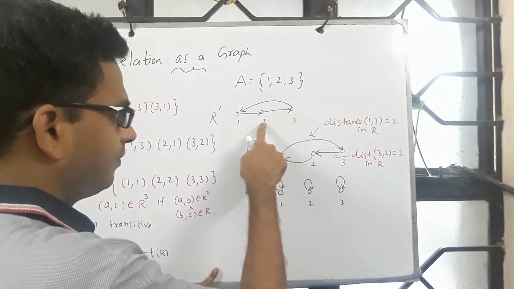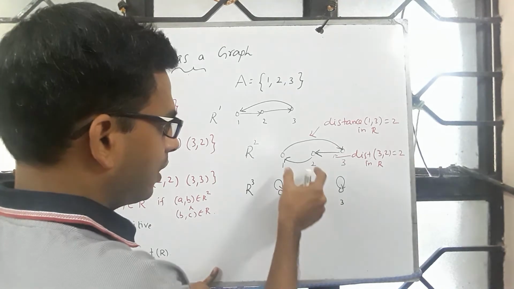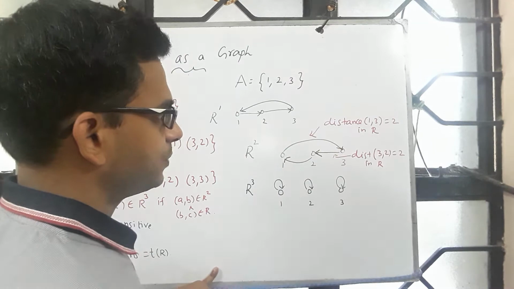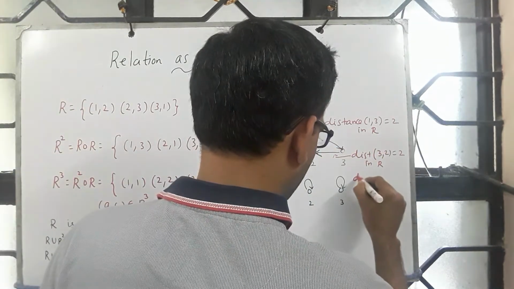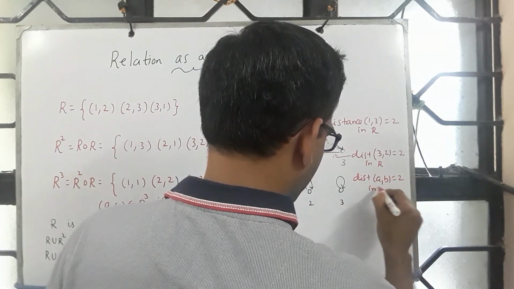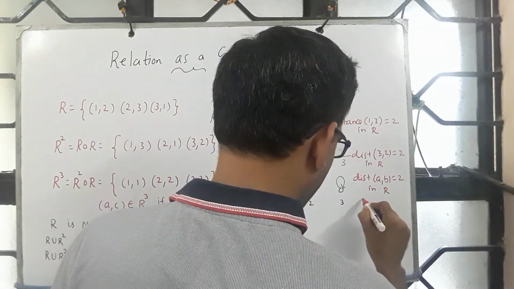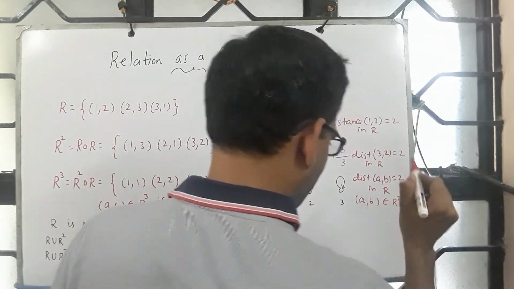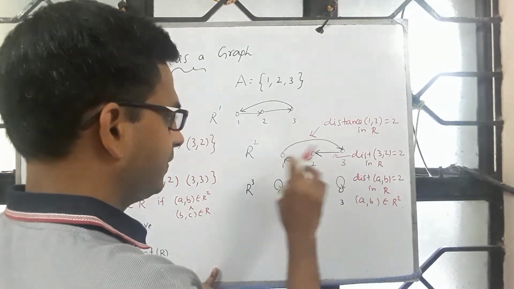I should not go directly from 3 to 2, but 3 to 1 and 1 to 2. And so you draw an arc from A to B if the distance between A, B is 2 in R. So in general, if the distance between A, B is 2 in R, then you see that A, B belongs to R square. Correct? That's the kind of edges we add here.